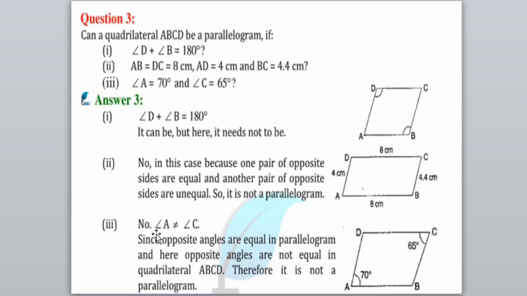So no, angle A is not equal to angle C, since opposite angles are equal in a parallelogram, and here opposite angles are not equal in quadrilateral ABCD, therefore it is not a parallelogram.